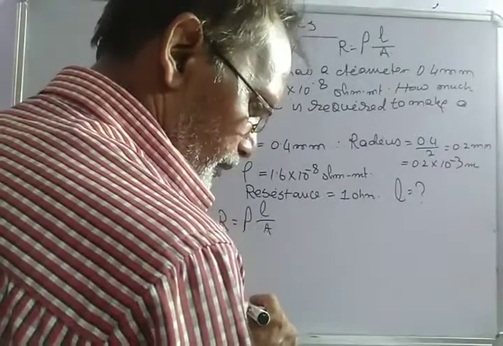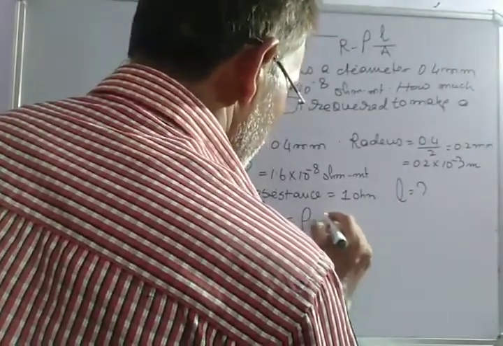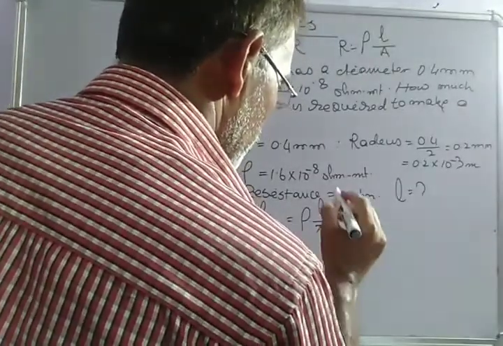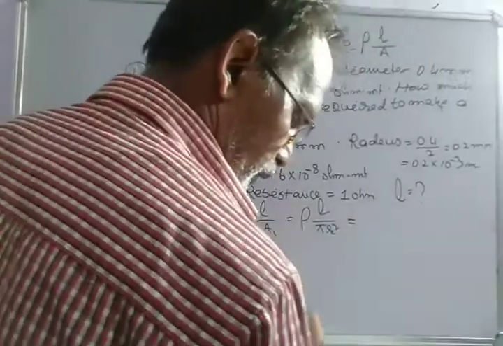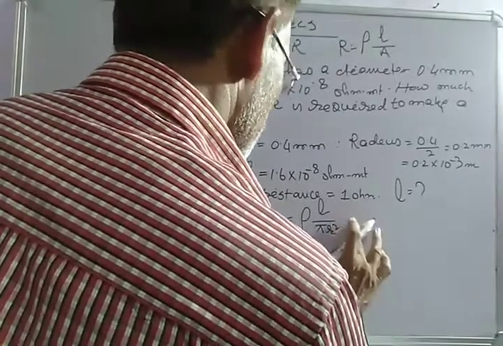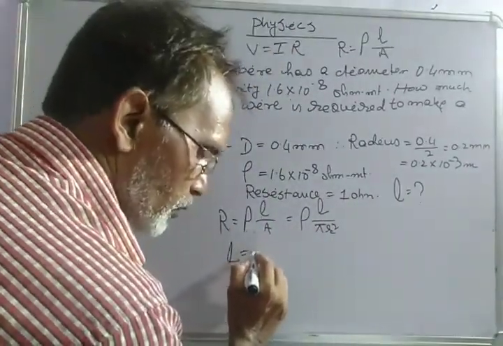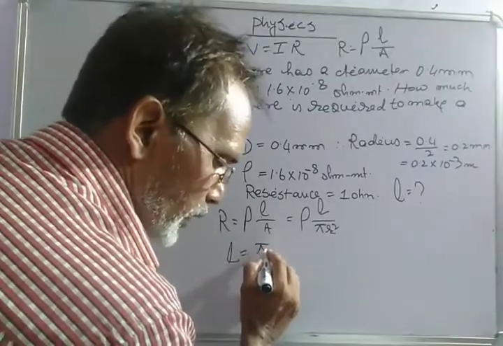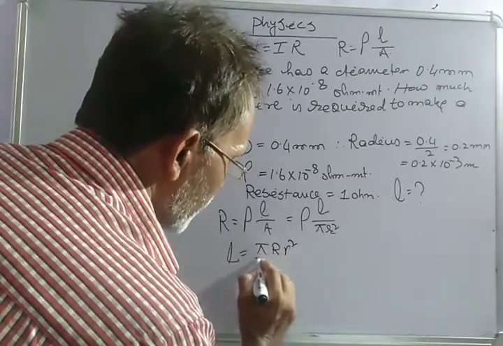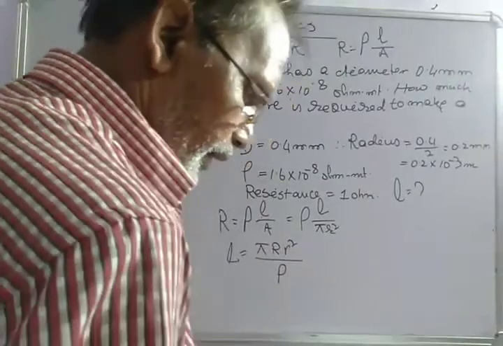Here A means pi r square. So I have to find out L. L is equal to pi r square by rho.